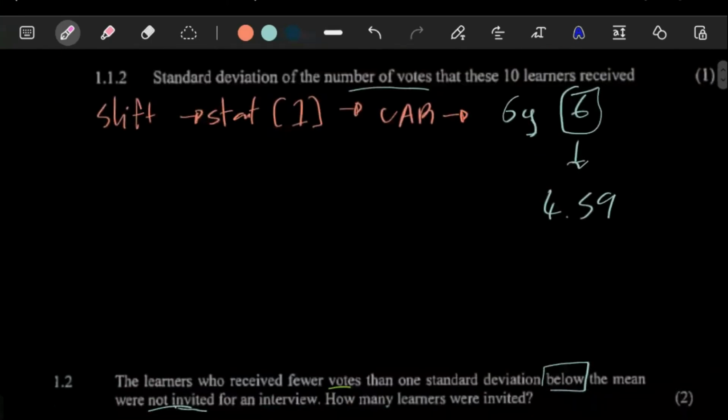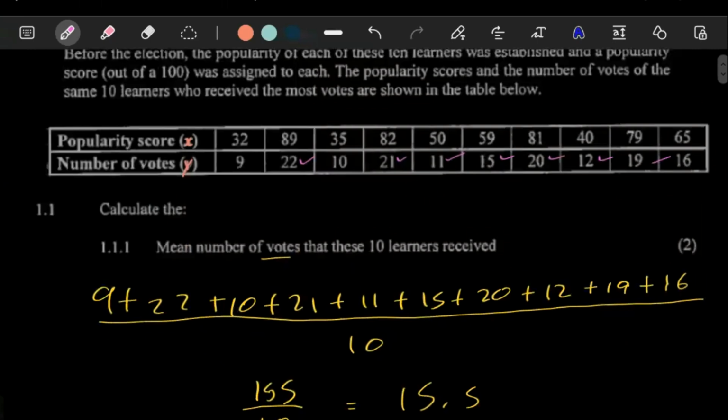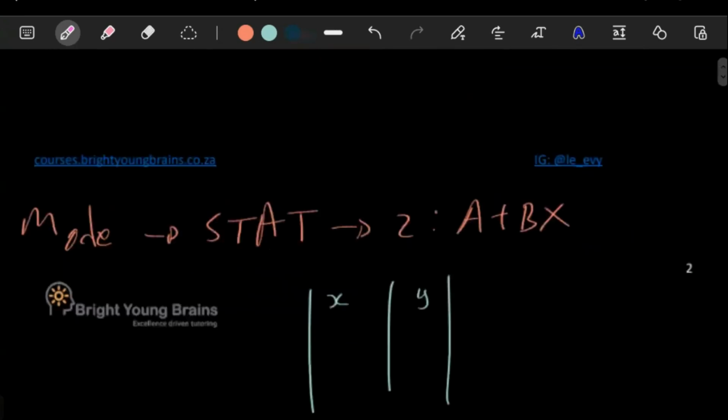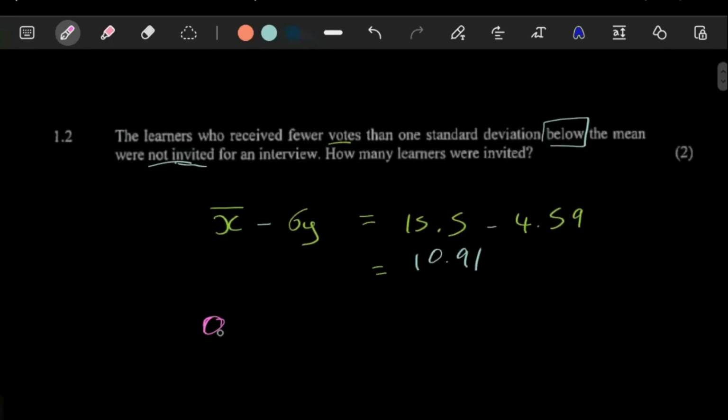Let's just take this nicely. Learners who received fewer votes than one standard deviation below the mean were not invited for an interview, so we only have to consider the ones below that value. So the people that were invited are 1, 2, 3, 4, 5, 6, 7, 8. 8 learners were invited.